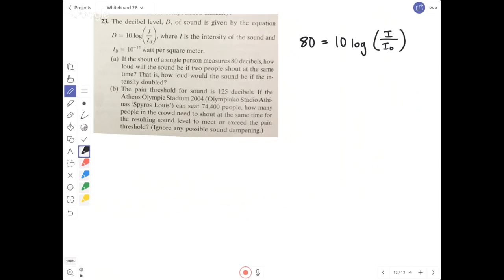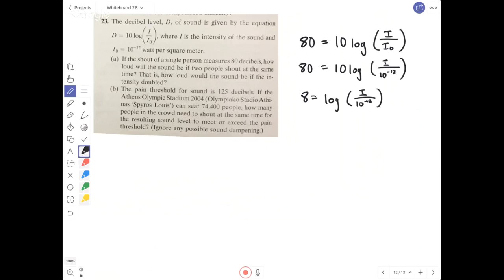So 80 decibels equals 10 log of some intensity shouting over I naught, 10 to the negative 12th. So that means 8 equals log of I over 10 to the negative 12th.